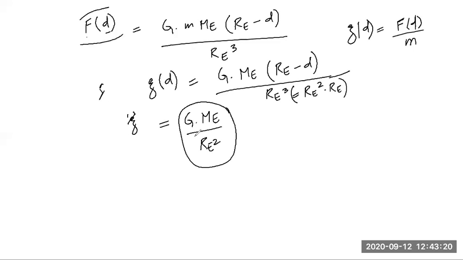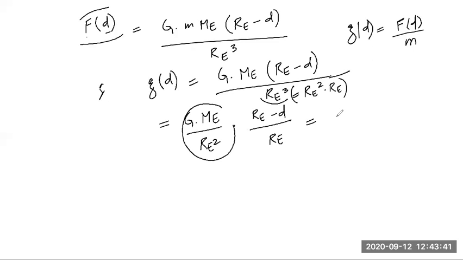This is g. Hope you understand. This is g into (Re minus d) divided by Re. Yes, is it clear now? This is acceleration due to gravity at the surface, g, into, now you divide this, it becomes 1 minus d by Re.